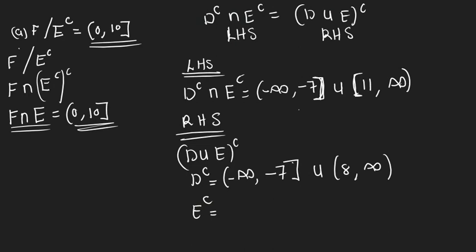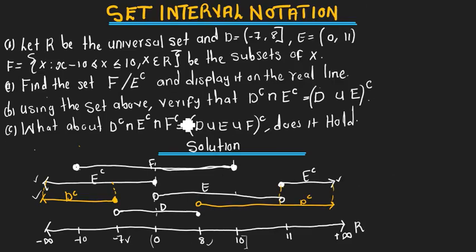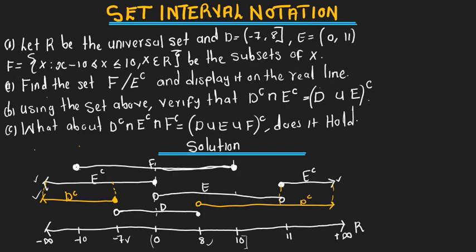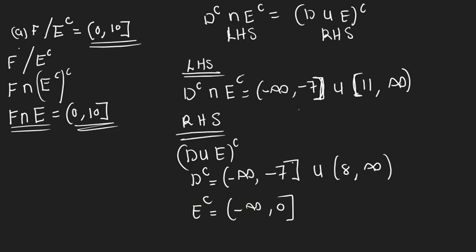Sorry, E complement is coming from negative infinity to 0. So negative infinity all the way to 0. Is 0 part of E complement? 0 is part of E complement. So we have our 0 here.